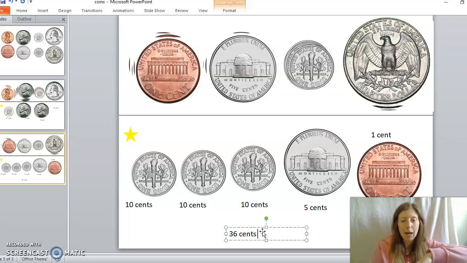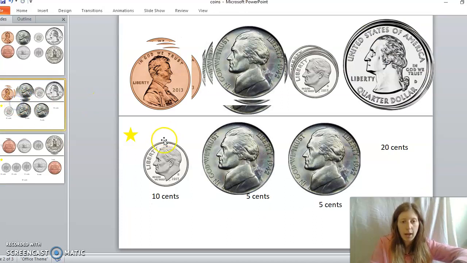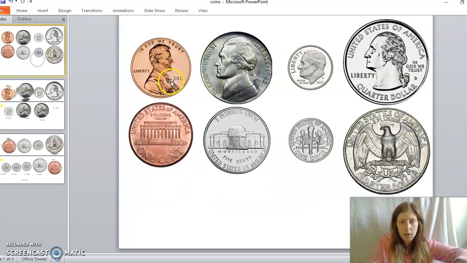Make sure the amount you're putting down is the correct amount for the coin you have. So this is a dime. It's 10 cents. Be careful because sometimes they will have some heads, like the top ones, and sometimes they'll have some tails all mixed together to try to confuse you. So please take your time and work hard.